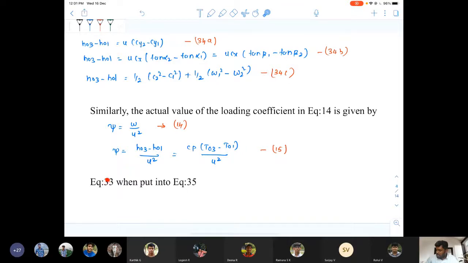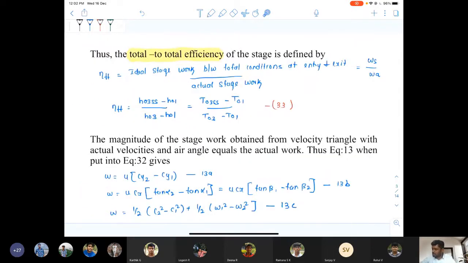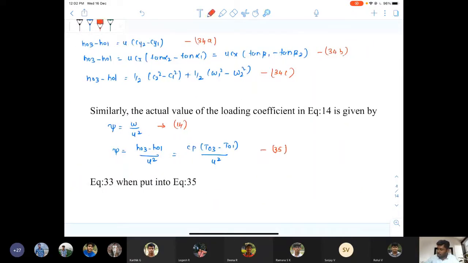Now, if we put equation number 33 in equation number 35, this is equation number 35. That is, equation number 33 is eta t is equal to H03 SS minus H01 divided by H03 minus H01. If you substitute this value, you will be getting WA is equal to WS divided by eta TT.